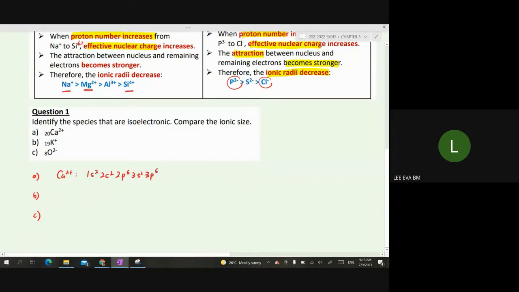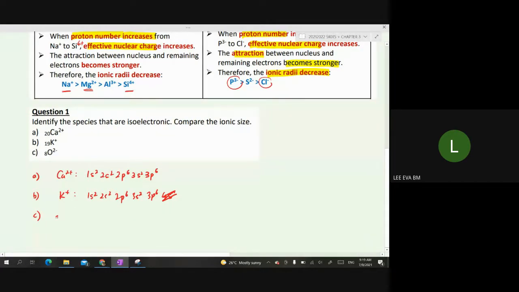If it is neutral calcium, we have up until 4s2, but now you are removing, so we have up until 3p6 only. And then K positive: 1s2, 2s2, 2p6, 3s2, 3p6. If you follow the proton number, you will go up until 4s1, but because of the positive charge, removing one valence electron, it goes up until 3p6 only.